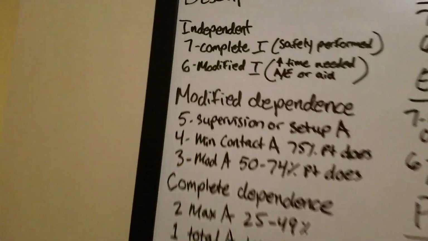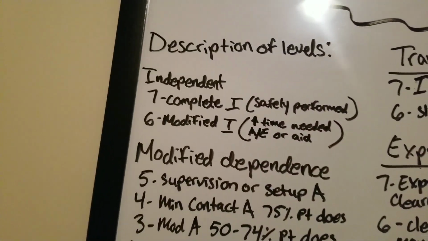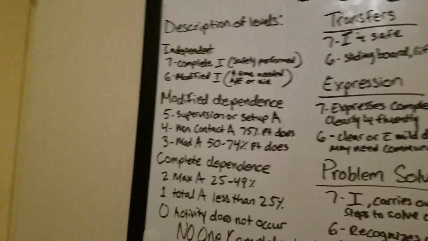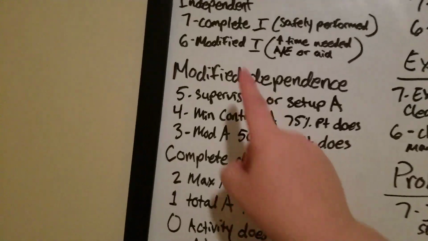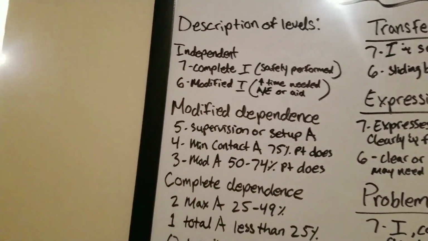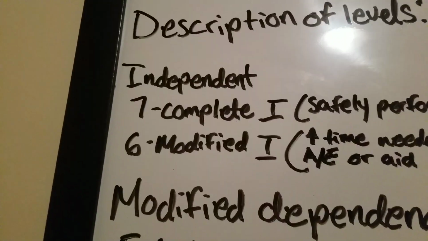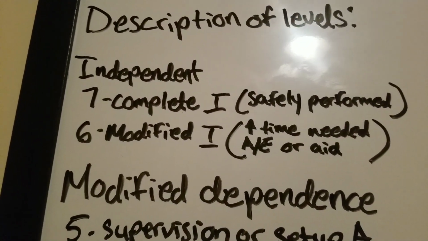So I am going to start by giving you a description of the levels. As you see, there are 7 levels total. Number 7 is complete independence. So not only can this person complete the task, but they can do it safely.